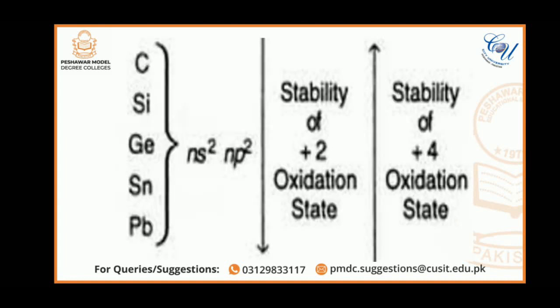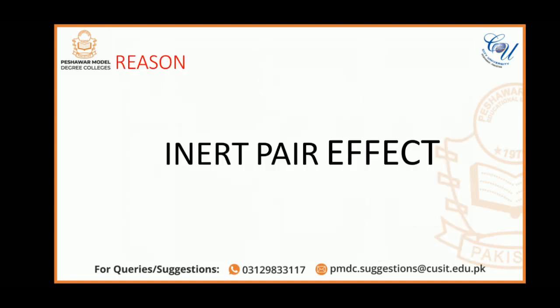If we talk about the stability of the two oxidation states in group 4th, stability of +2 oxidation state increases down the group, while stability of +4 oxidation state decreases down the group. And the reason is inert pair effect.